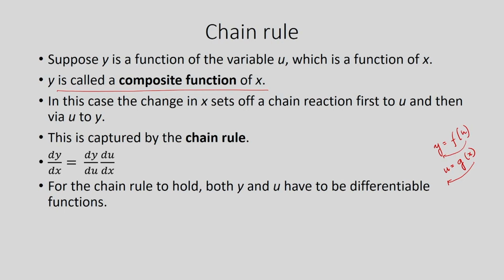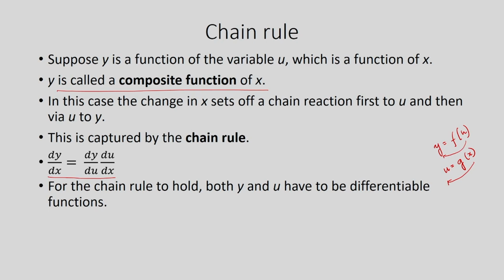So, a kind of chain reaction is set off if x changes, and the effect of that chain reaction ultimately reaches y. So, this chain reaction is captured by this chain rule, which is written here: dy dx is equal to dy du multiplied by du dx.